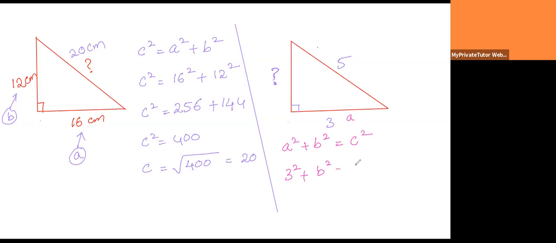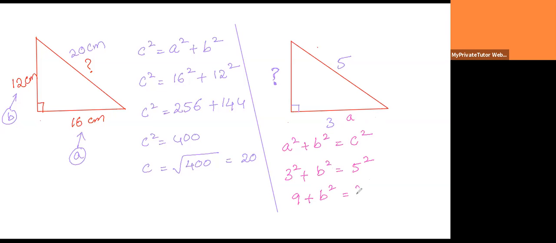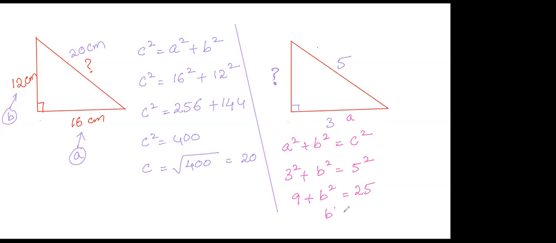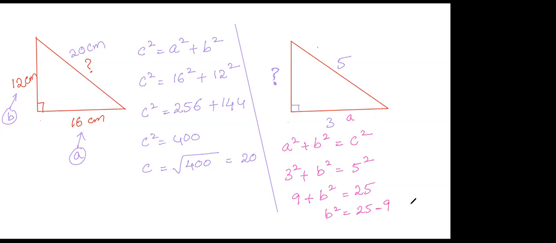B value is not given, right? So C square. So please solve this. What is 3 square? Sir, 9. Okay, yeah, this will be 25. Then shift the 9 to the other side. It will be 16. Okay. And the final answer will be 4. If you square root 16, the final answer will be 4.